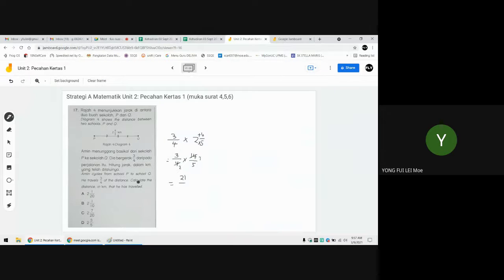Okay, you see, 3 times 7, 21. Teacher wrote 14. If teacher is wrong, do tell your teacher. So you see, 21/10. By right, you know the answer already is B. But let's see. 10 times 2, 20. So 2 1/10. So correct. So 18.